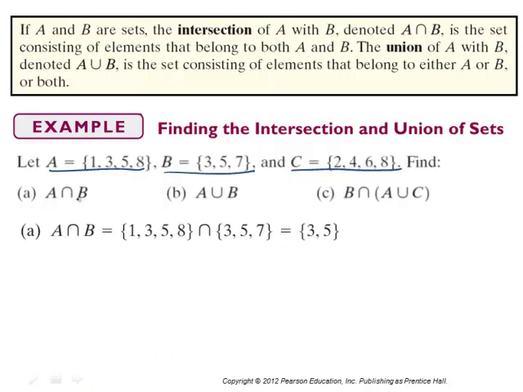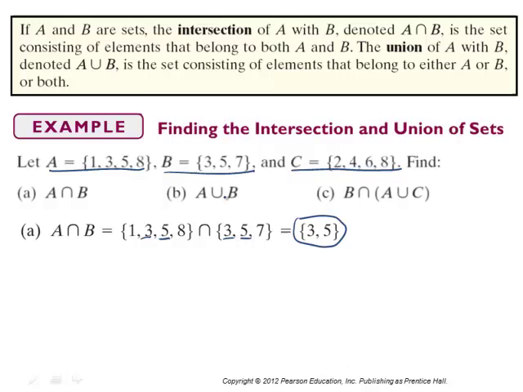Now A intersect B will be the set of numbers that are both in A and in B. And you can see that 3 is in there as well as 5. 3 and 5 are numbers that are both in A and B. So here is our intersection.